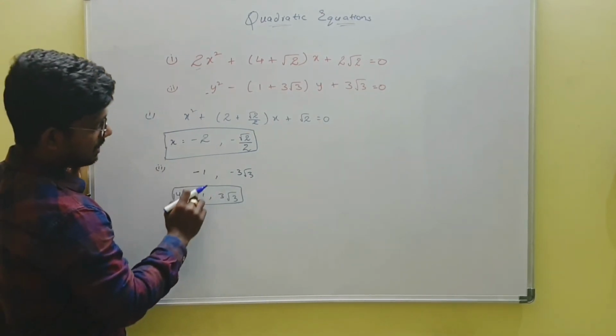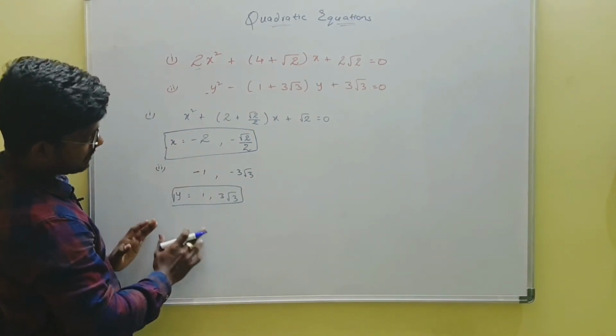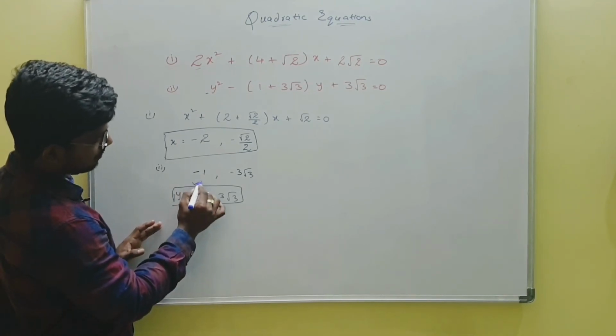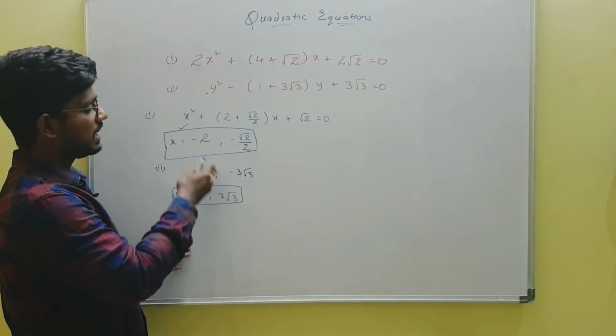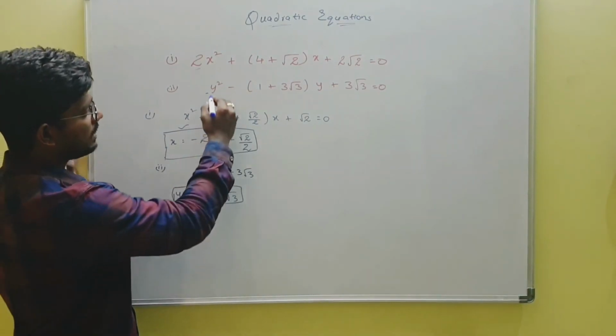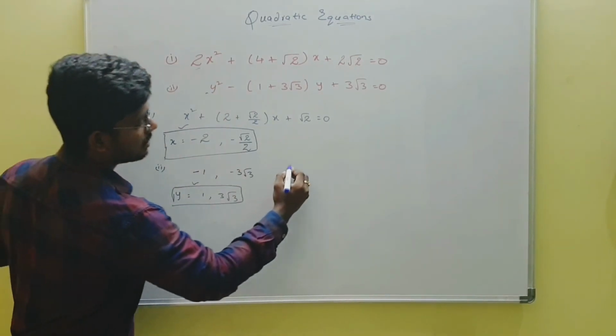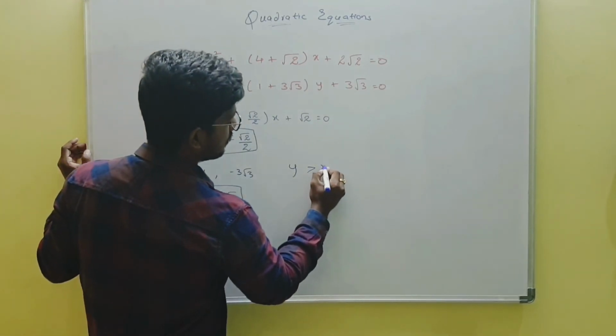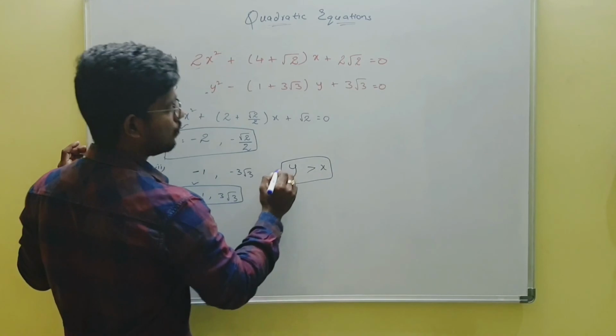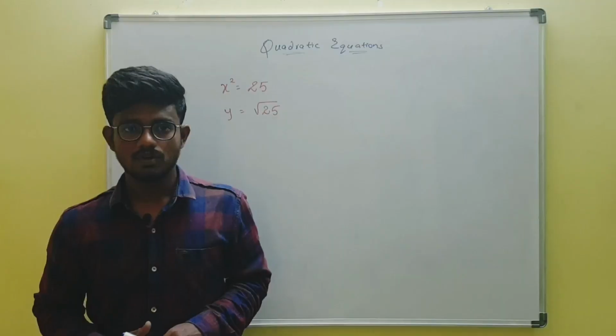By comparing these, directly I can say that these are positive terms and these are negative terms. So obviously positive terms are greater than negative terms, so the roots of y are greater than the roots of x, so y is greater than x.